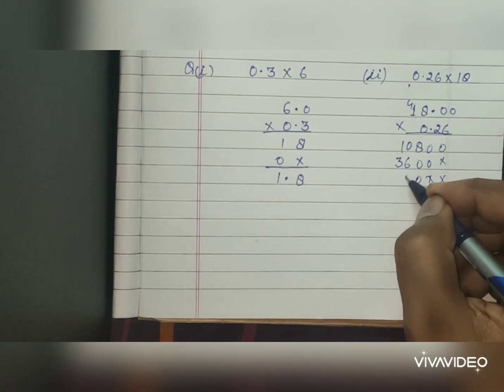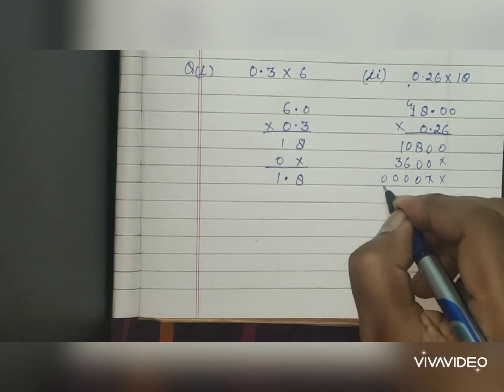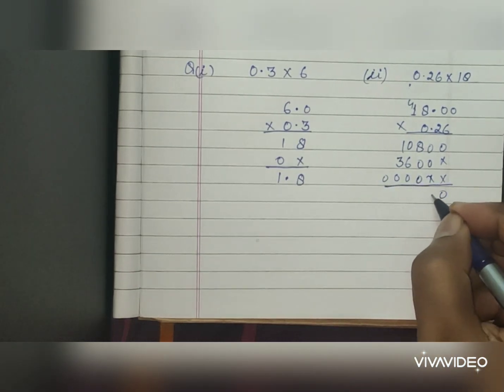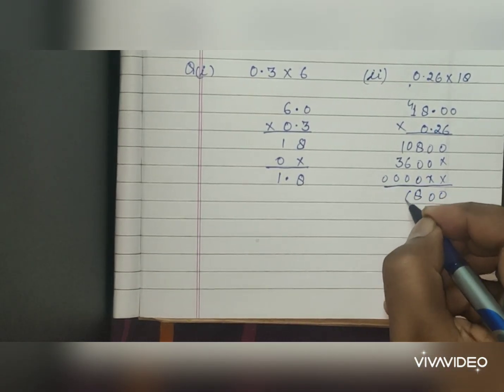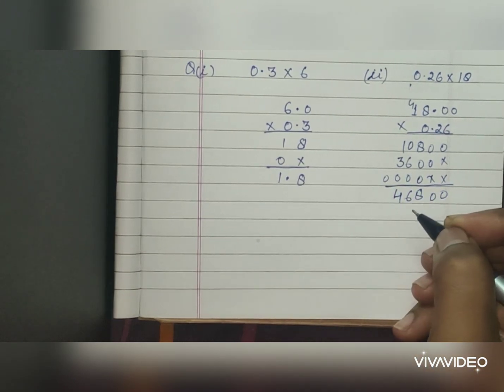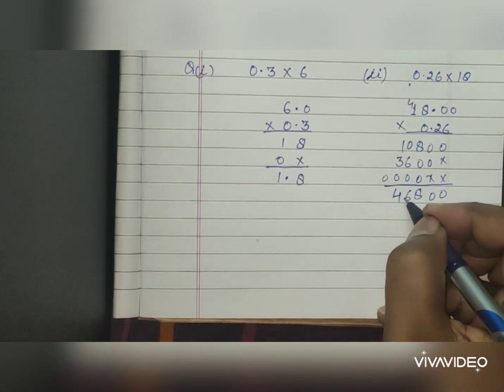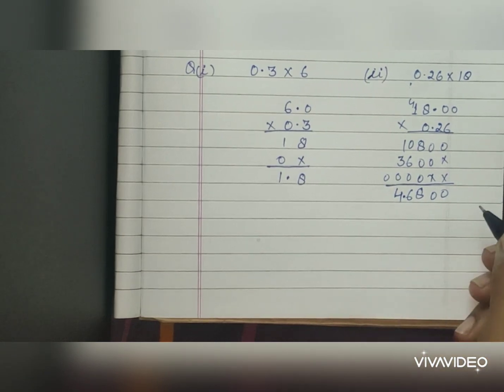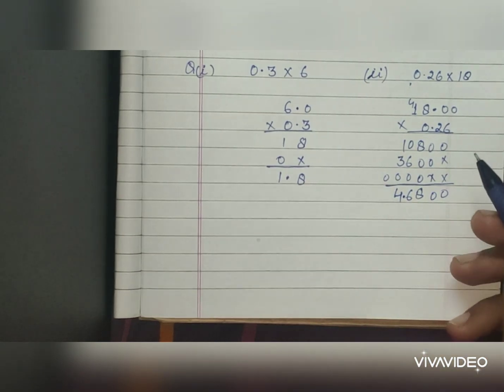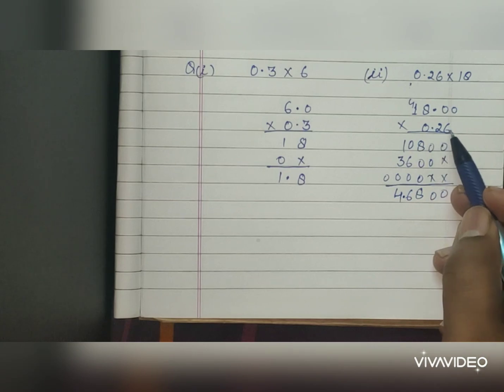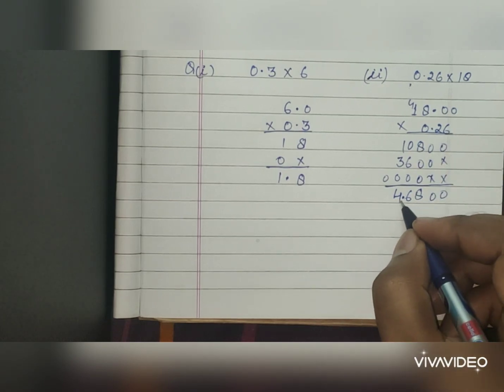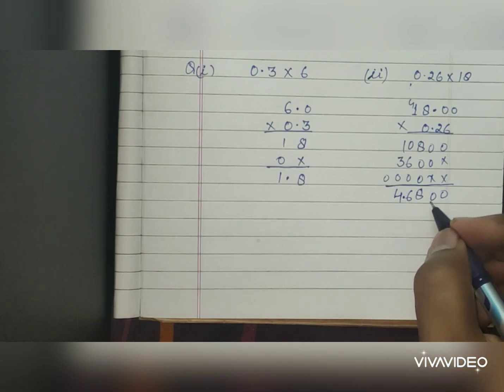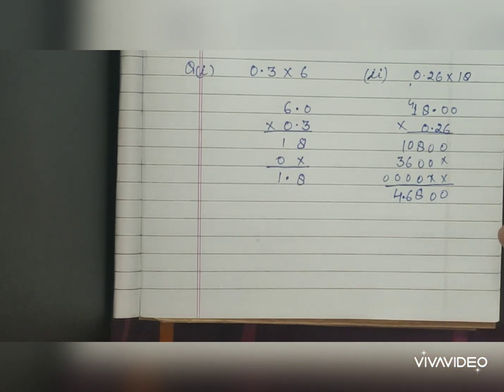Then again 0, 0, 0, 0. Everything is written clearly. Now your answer is 4.68. Clear? Why? Because after the decimal you are seeing there are 2 digits on the right hand side, so I have put the decimal after 2 digits. So this is the way to solve ordinary multiplication of decimal numbers.